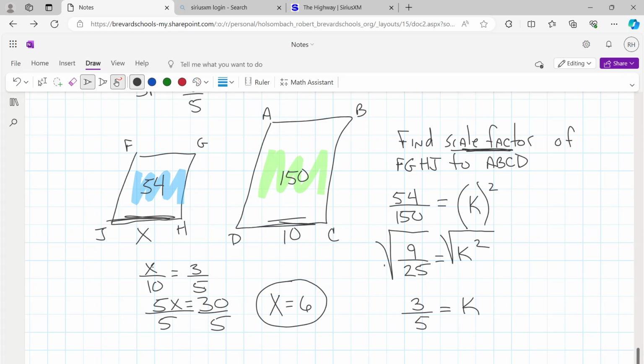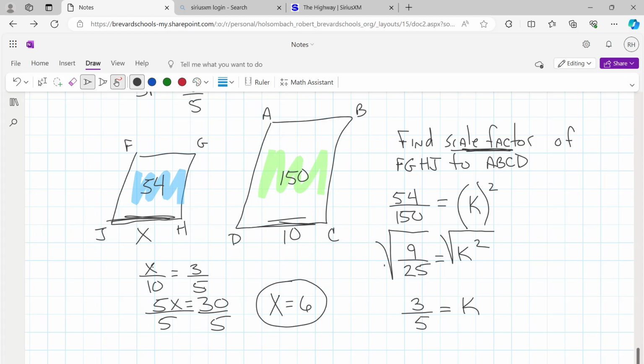Everybody okay with that? Area of blue over area of green equals scale factor squared. Find the scale factor. Use the scale factor to find the missing side.